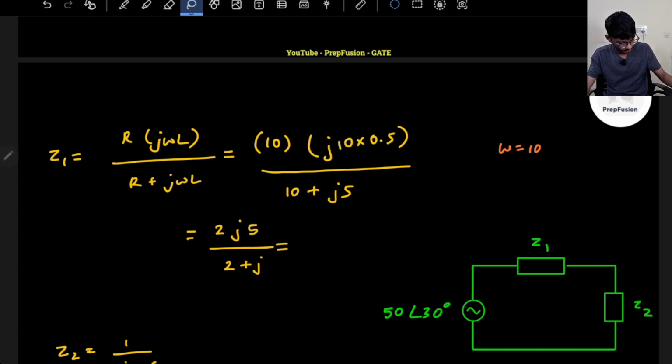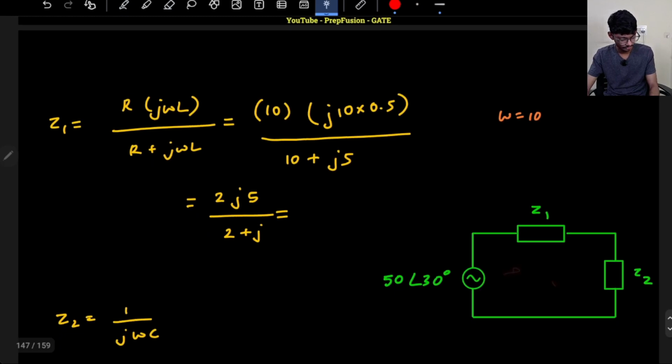Now if I just calculate the values, this will be the square root of 2 squared plus 1, into 10, which is 4.4721. Anyways, ultimately my equivalent impedance will be Z1 plus Z2, so I have to add.